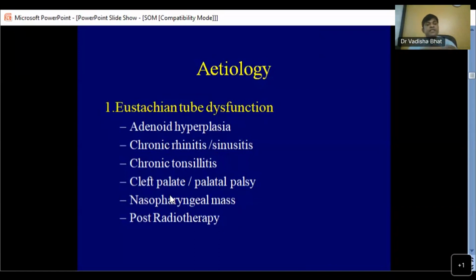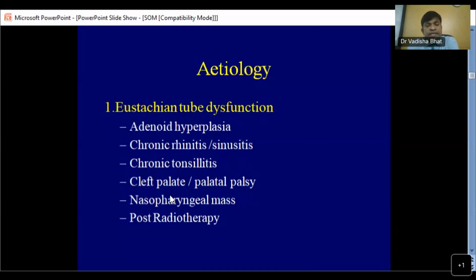Now, second is the nasopharyngeal mass. One of the nasopharyngeal masses we already discussed is adenoid hyperplasia. However, in adolescents, for example, juvenile nasopharyngeal angiofibroma, and in adults and elderly, nasopharyngeal carcinoma, they can also cause significant eustachian dysfunction leading to serous otitis media.